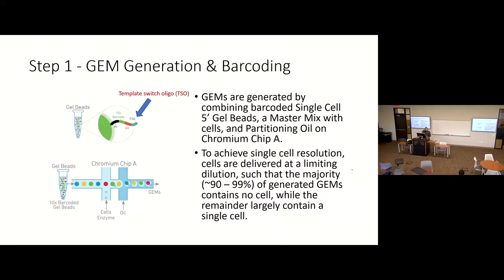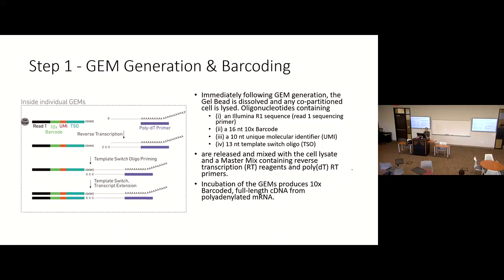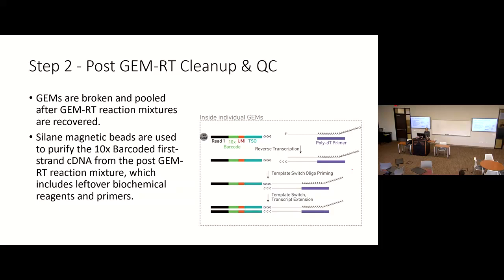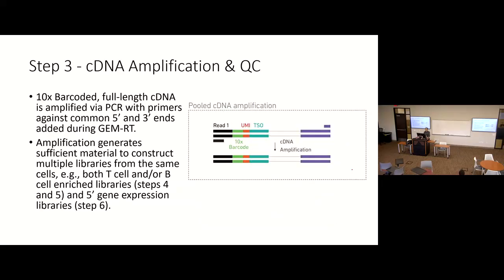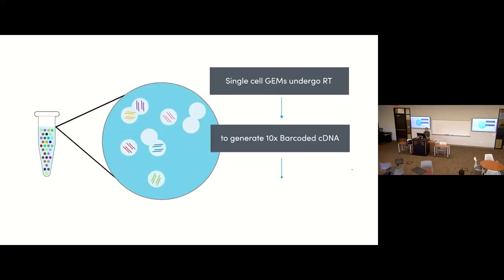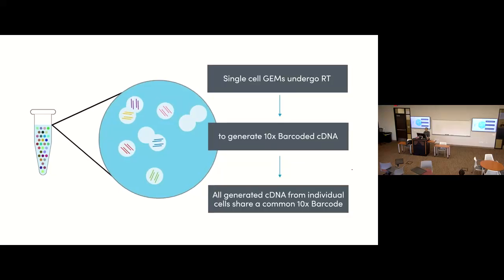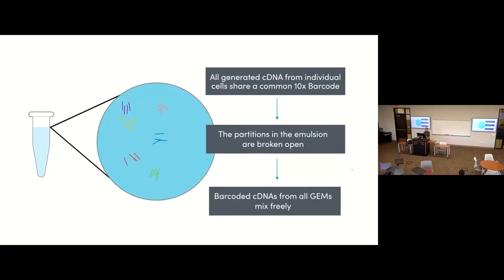This kit will label the cell in the same way we do single cell RNA-seq. So the first step is the same. This is the standard procedure we have already described in single cell RNA-seq.